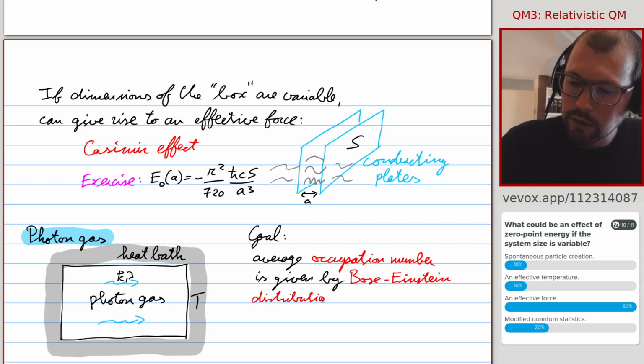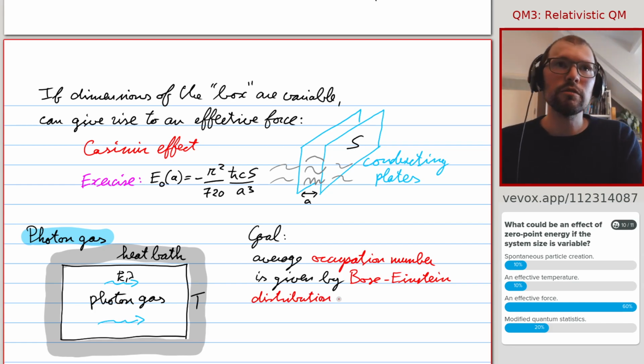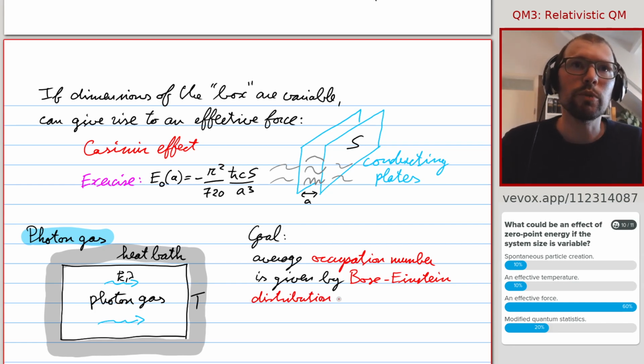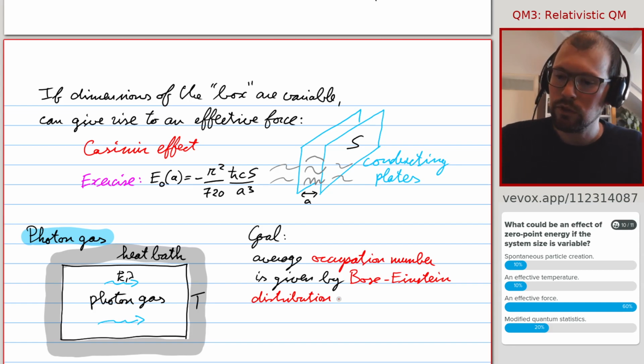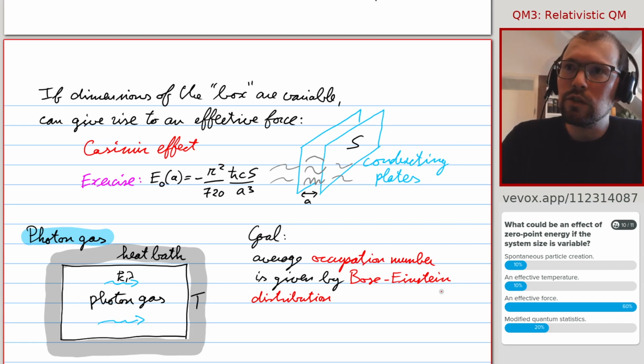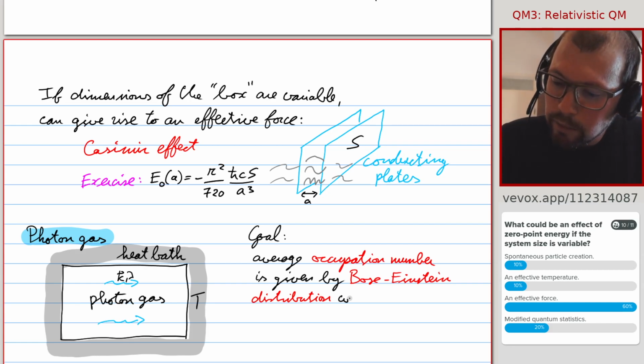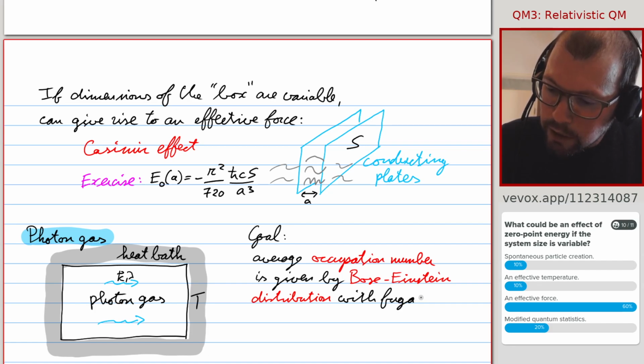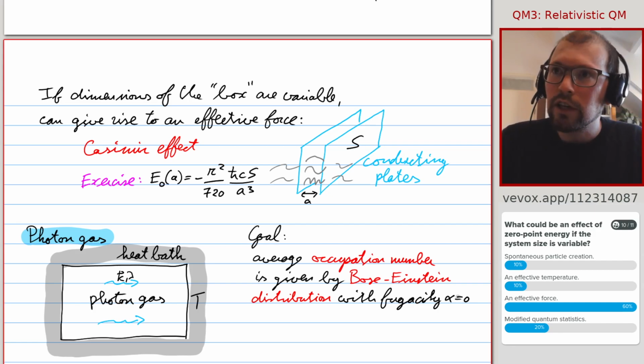Now this we expect because we've seen that photons are spin 1, so they should be bosons. So they should be subject to the quantum statistics of the Bose-Einstein distribution, but in particular with fugacity vanishing.